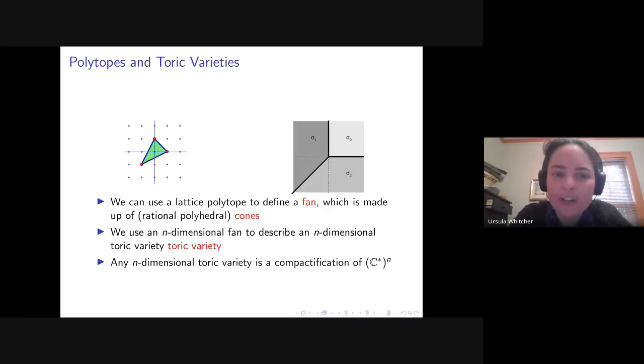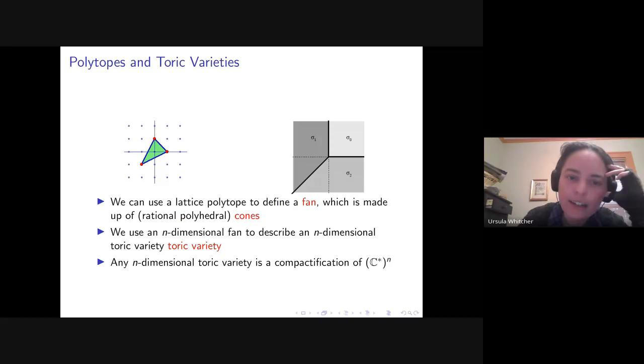So you imagine starting at the origin, drawing a ray out through each of your vertices, and then you get cones corresponding to each of the facets of your polytope. Using this, we're going to describe a toric variety, which is n-dimensional if we're working in n dimensions, or k-dimensional if we're working in k dimensions. And these are going to be compactifications of (C*)^n.